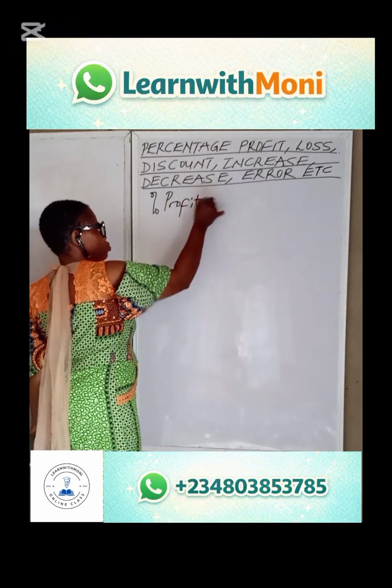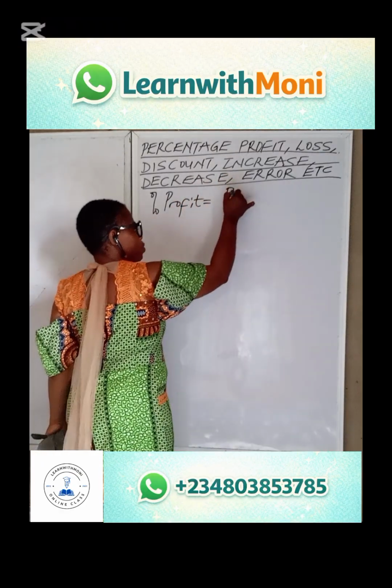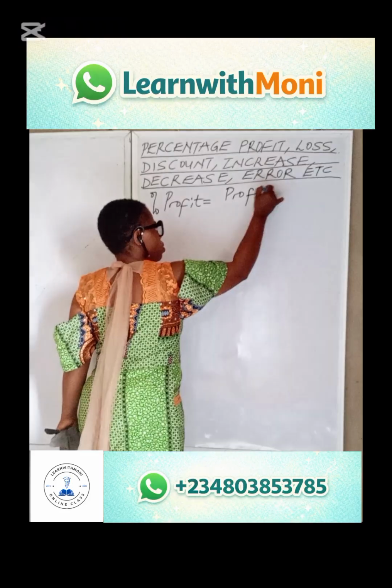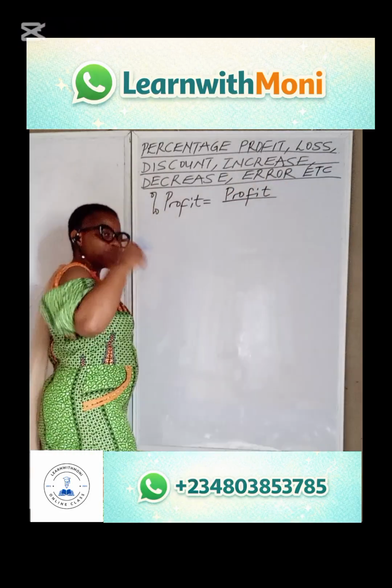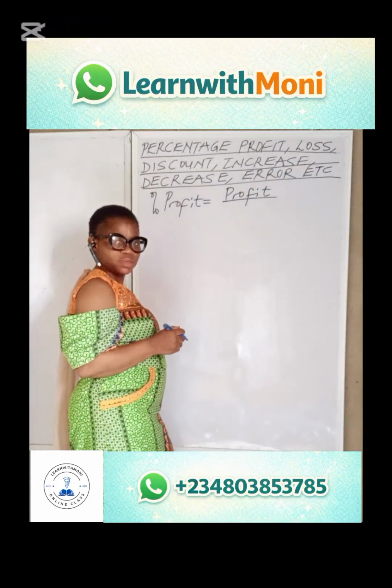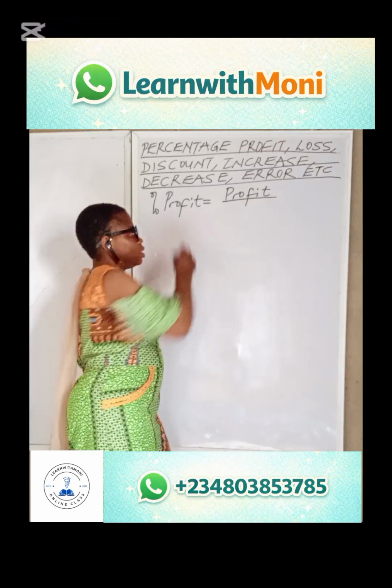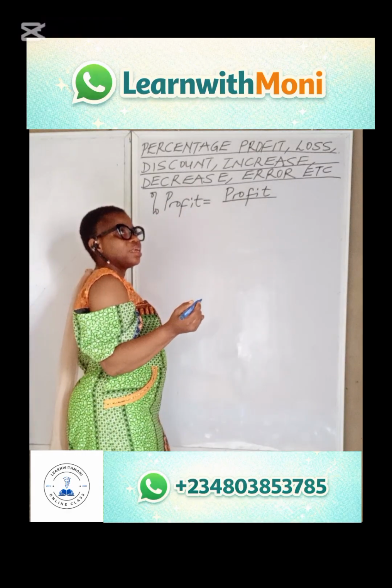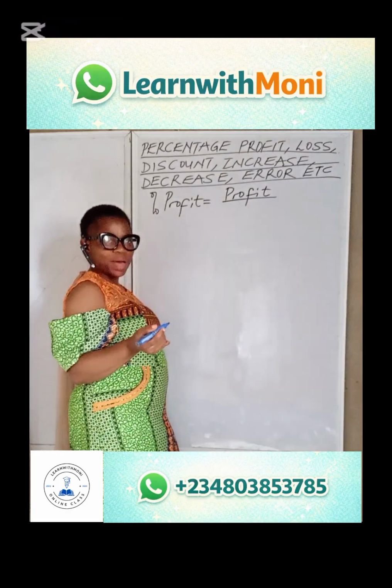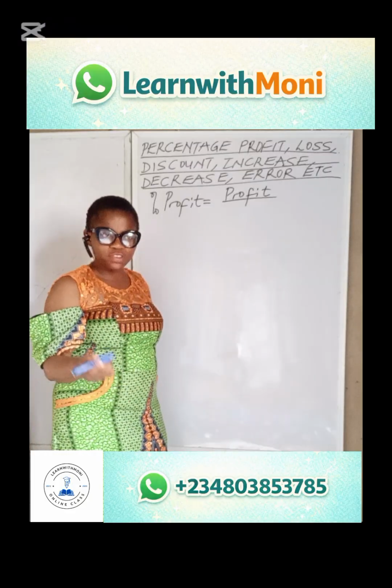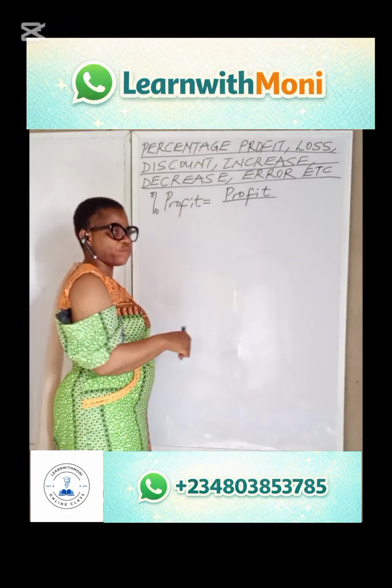Percentage profit is going to be the actual profits over the first price involved in that transaction. In the case of selling and buying, before I can sell something, I must have bought it first.